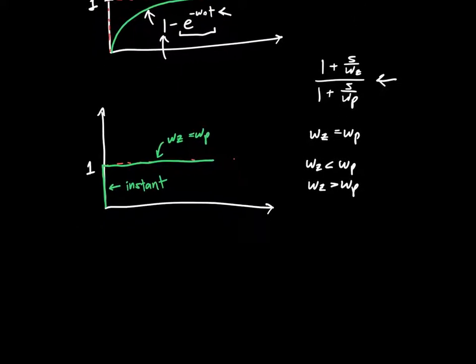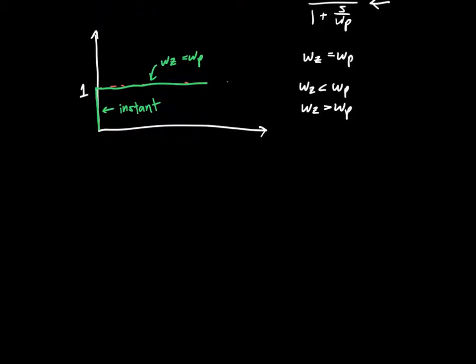And so, what exactly is that? Well, if we do the math, we just take the inverse Laplace transform of this transfer function, 1 plus s over omega z divided by 1 plus s over omega p, where we've got a pole at omega p and a zero at omega z, or strictly speaking at minus omega z.